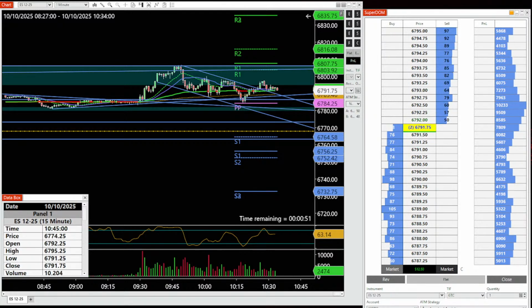Looks like it may have to search low before going higher. Let's see, or just go sideways. What are we doing here? We're holding on to this VWAP.